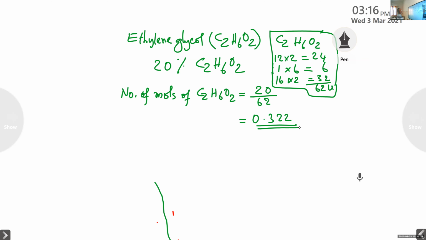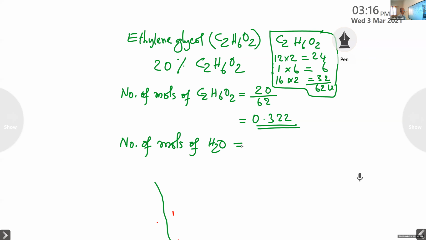Now you find out the number of moles of the second component, the solvent, water. Number of moles of H2O. The solvent is water. Say in the problem it is given 20% by mass.